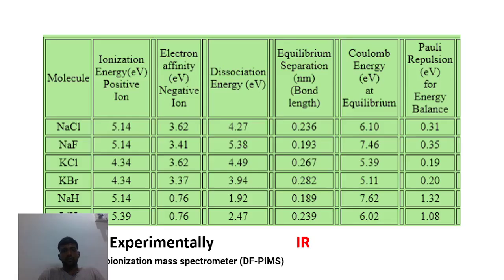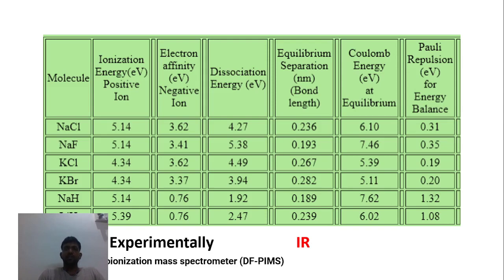These are some experimental values for ionization energy and electron affinity. The first three values you can get experimentally using different techniques. One technique is discharge flow photoionization mass spectrometry, which generates ionization energies and electron affinities for several ions.